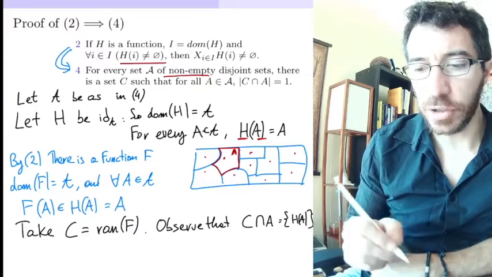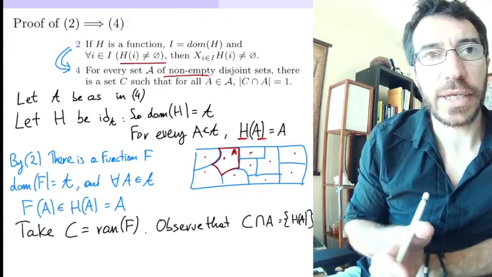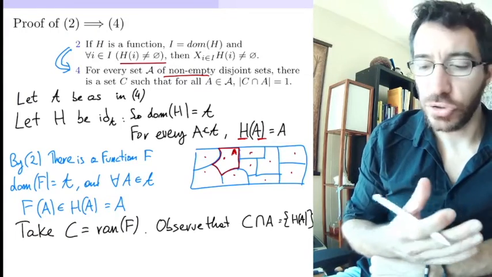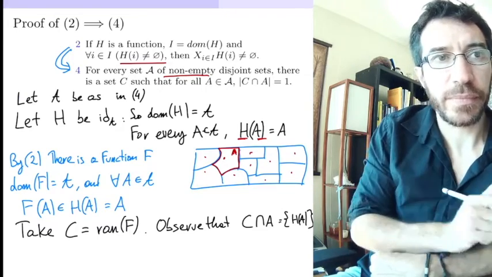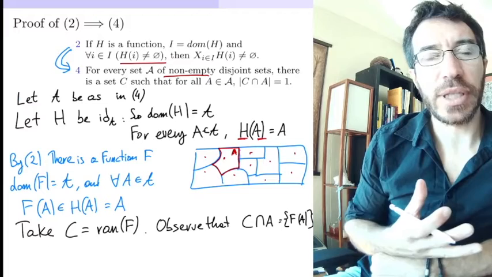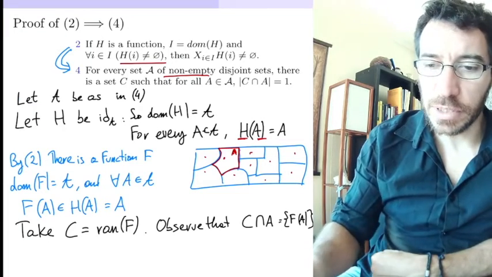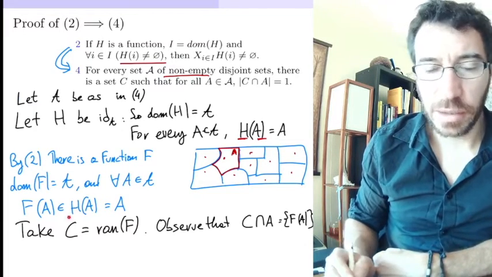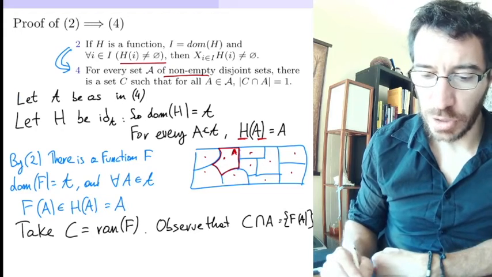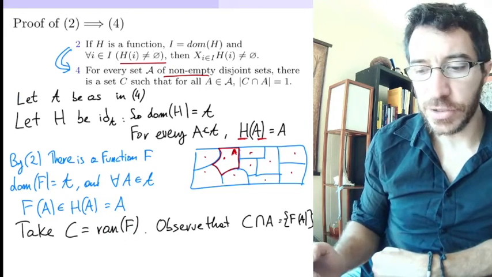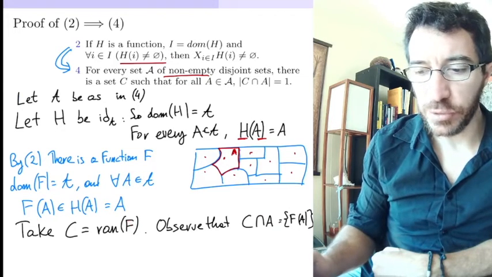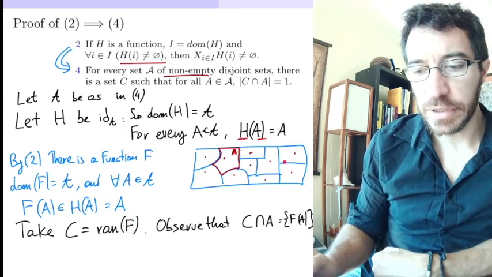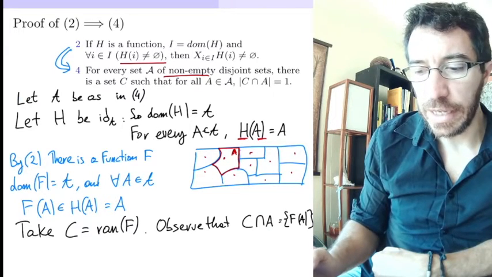But that is the only point that belongs to the intersection, because f of A belongs to the intersection because it's in the range and it's in A. On the one side, it belongs to A, and it belongs to C because it's in the range. And there is no other point in the intersection because all the other points in the range come from a different set of the partition, and they are all outside A, right?